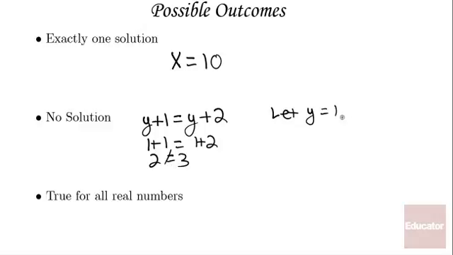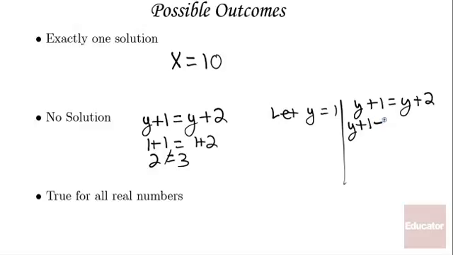Here's something else you could do. You could actually solve this algebraically, or try to. If I have y plus 1 equals y plus 2, I can go about it my usual way, and I can move the variables to one side of the equation like we discussed. And I would do this by subtracting. You can subtract and add variables the same way that you can numerical expressions.